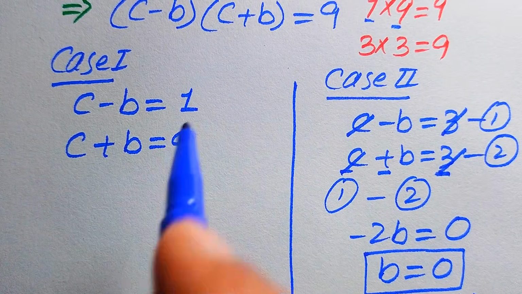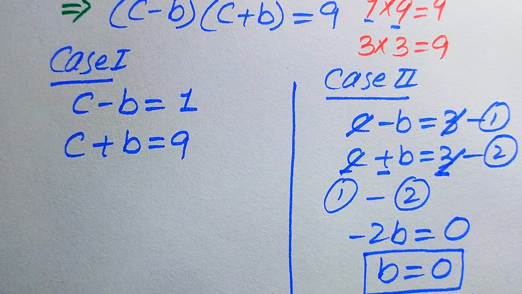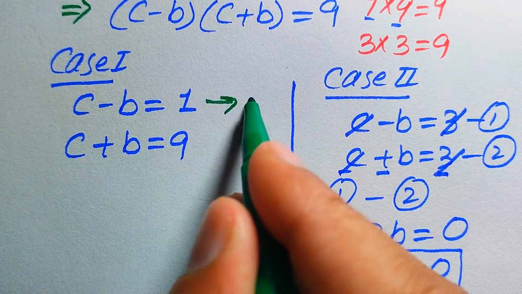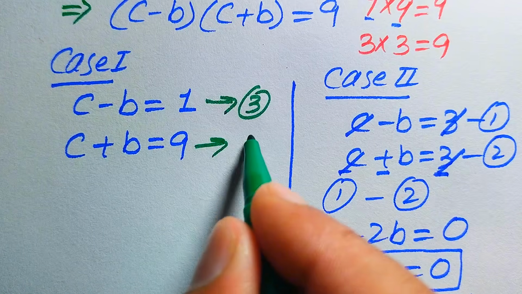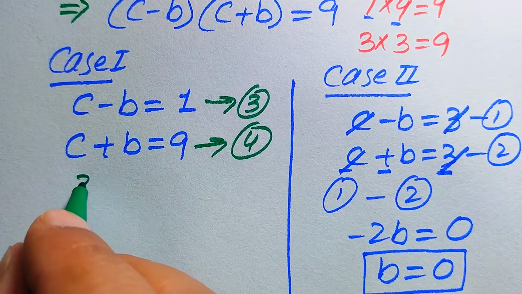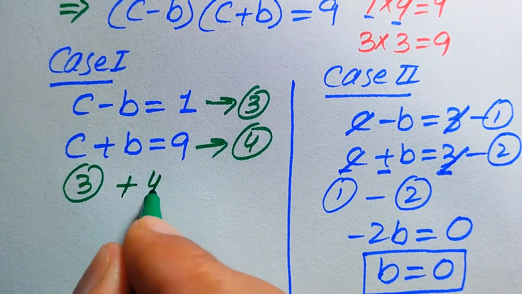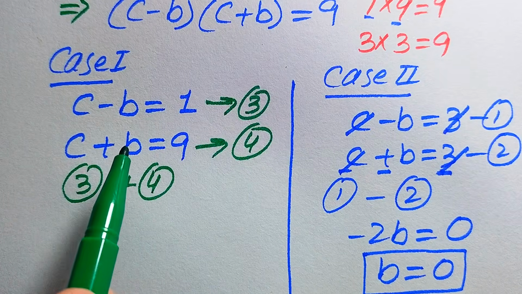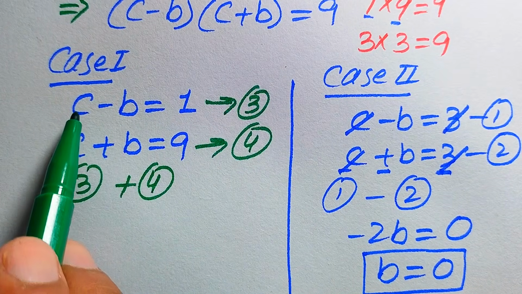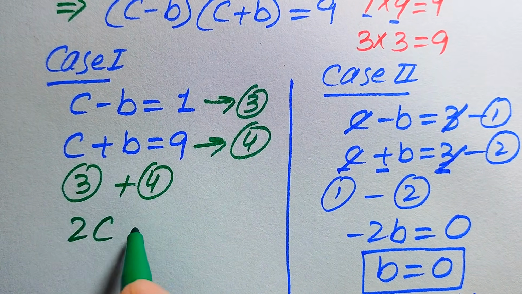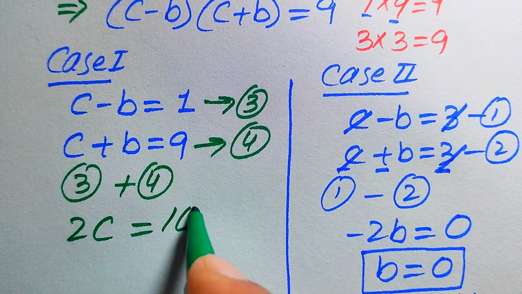In this case we call this equation number 3 and this equation number 4. We sum up equation number 3 and equation number 4. The minus b and plus b are gone, and c plus c becomes 2c, and 1 plus 9 becomes 10.